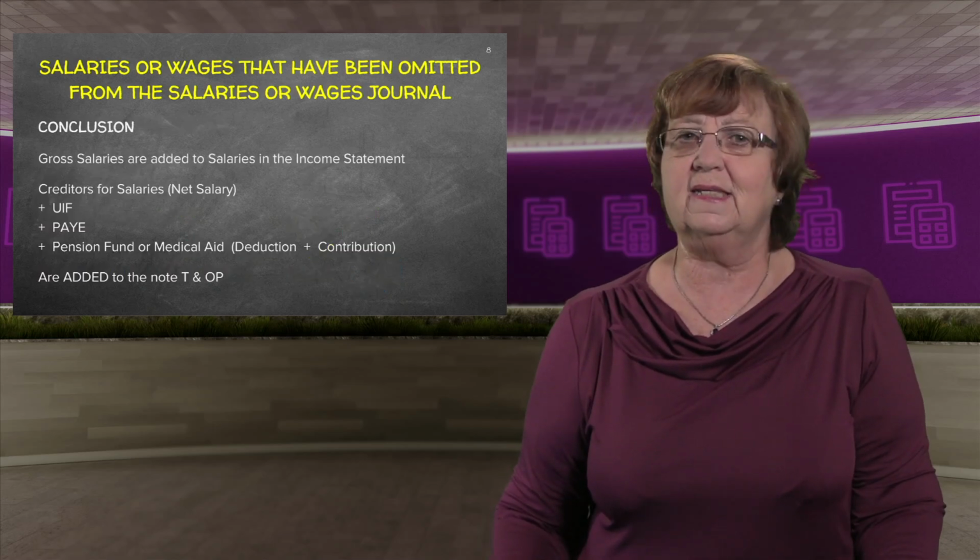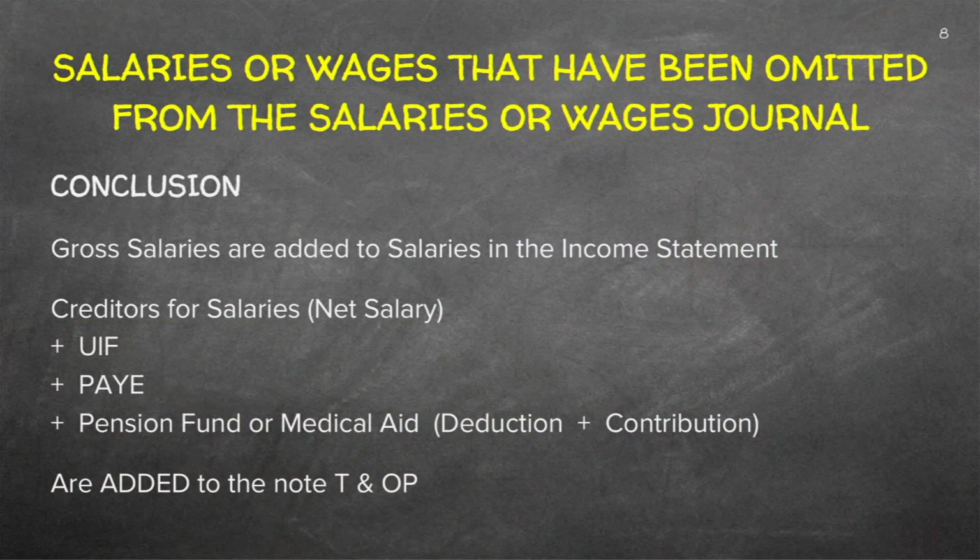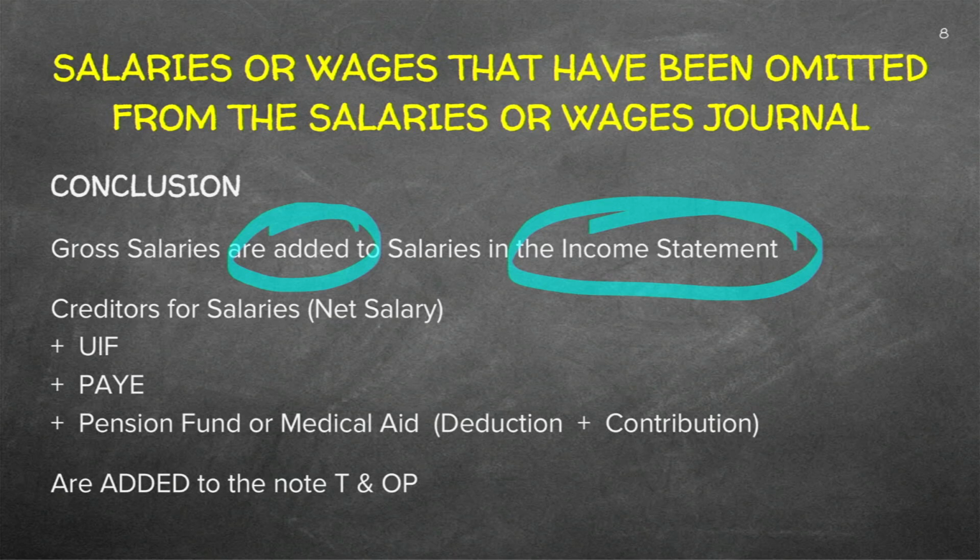So let's have a look at what we need to learn from dealing with the adjustment for salaries. So gross salaries are added to salaries in the income statement. So that's all we do in the income statement. Add salaries to the amount given in the pre-adjustment trial balance. In note number 9, you need to learn what are we going to add.